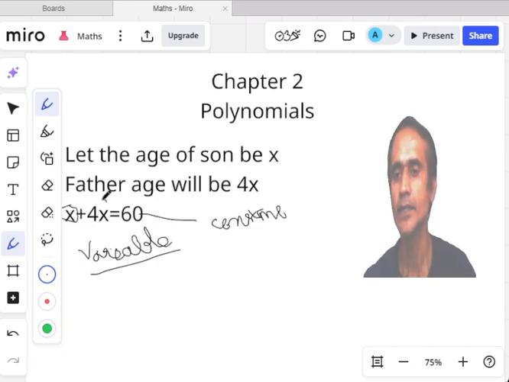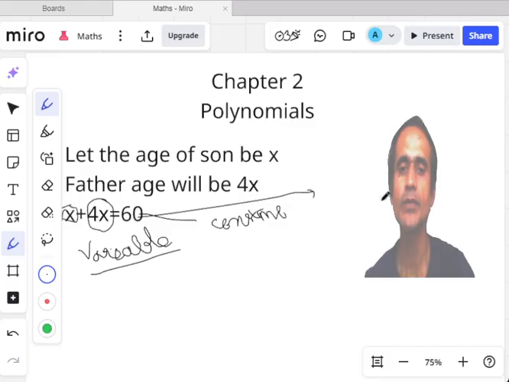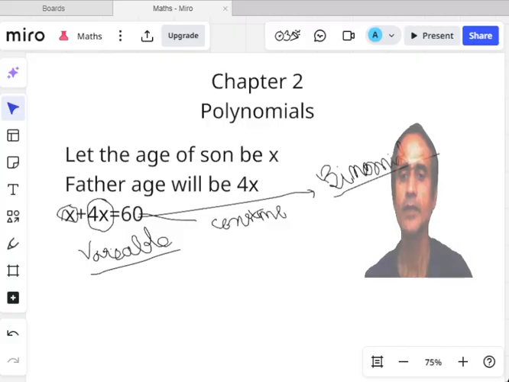And here the coefficient of x is 4 and here the coefficient of x is 1. So these equations were simple equations and mostly these equations were binomial.